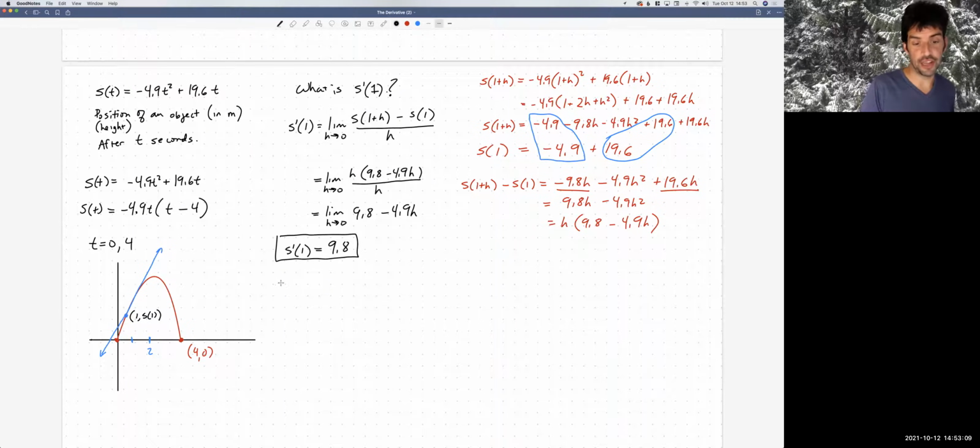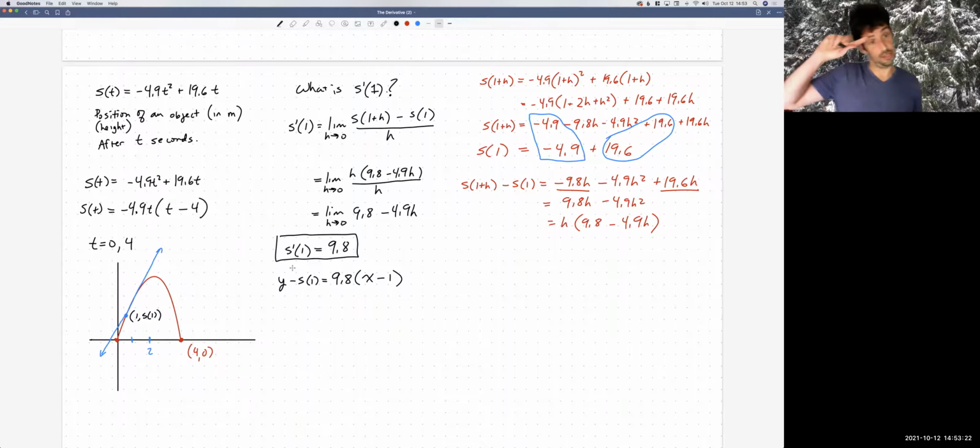So the equation of the tangent line would be y minus s of 1 equals the slope of 9.8 times x minus 1. Right? You could compute s of 1 if you want to. But 13.7, in any event, right? So we've understood this part.